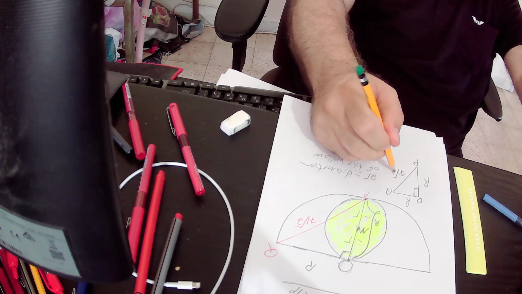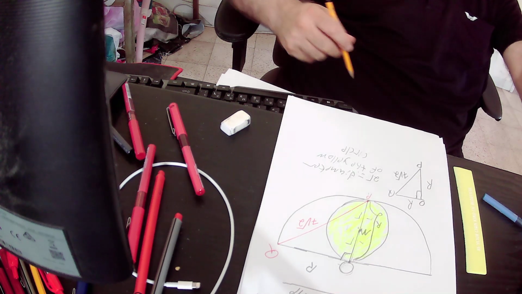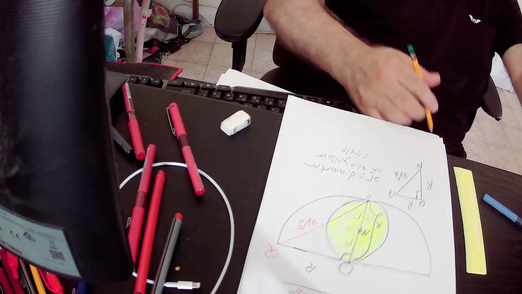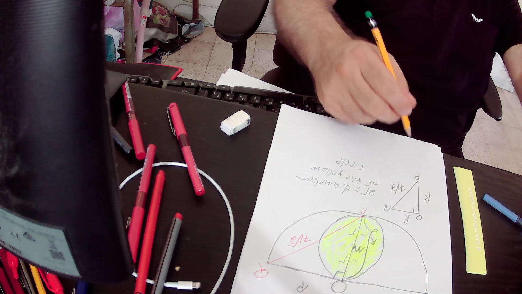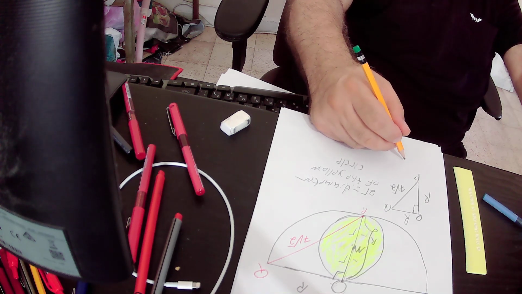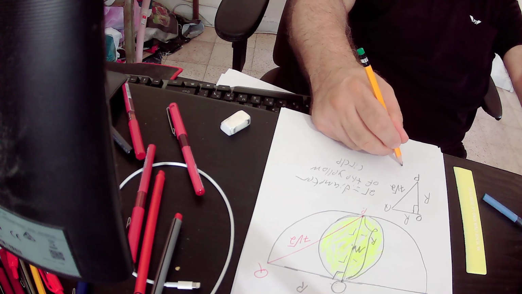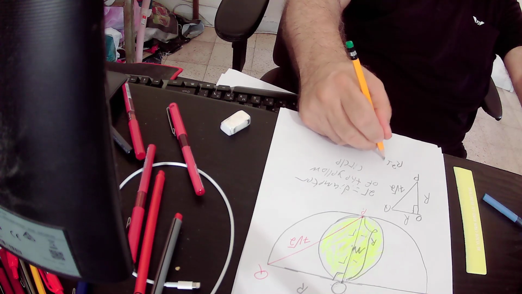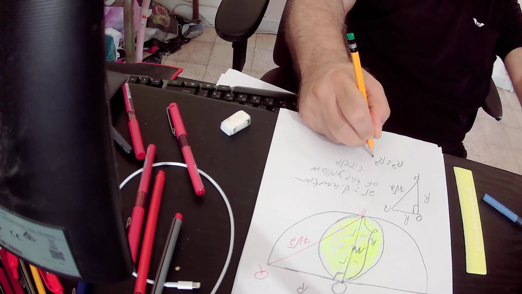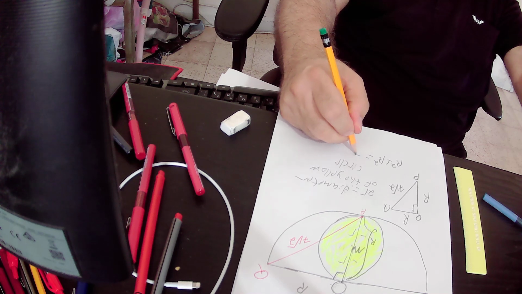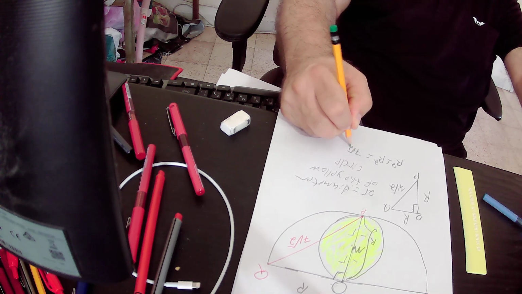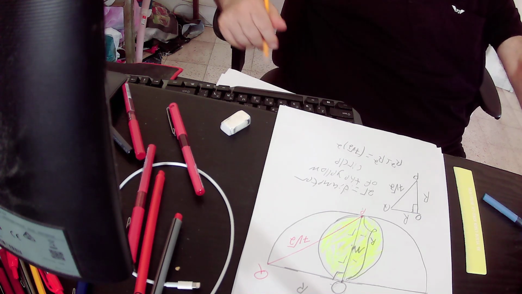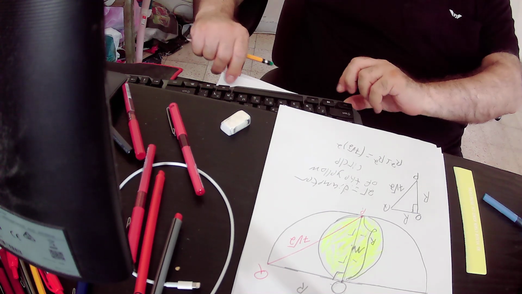So we will apply the Pythagorean theorem on this right triangle, that is to say R squared plus R squared equals (7 root 2) squared.